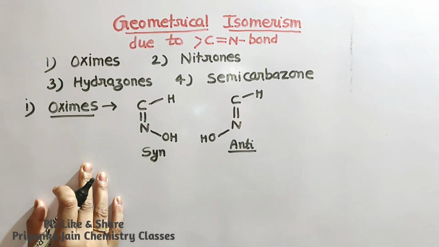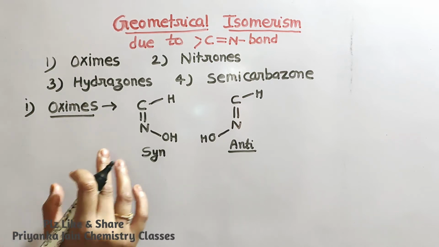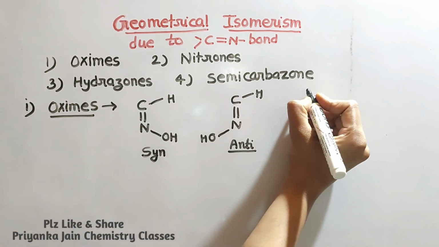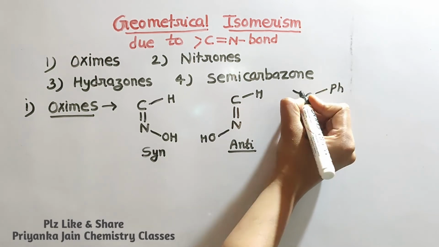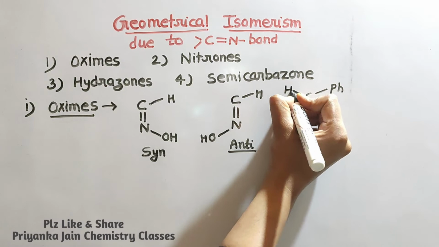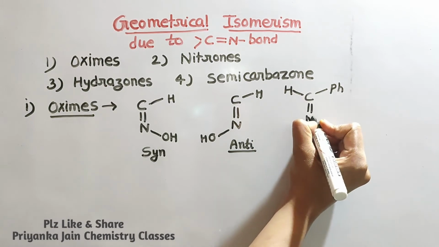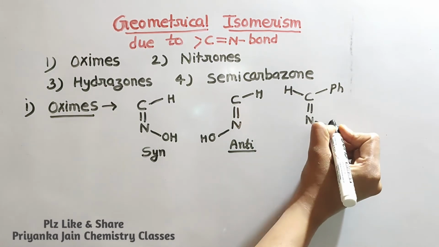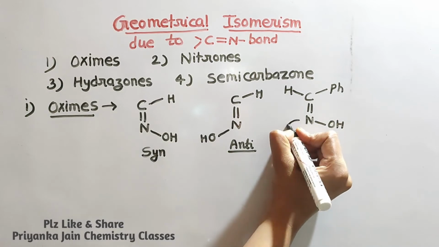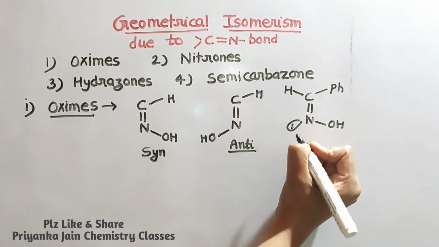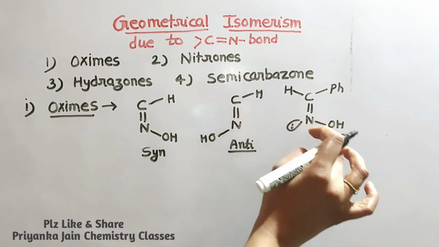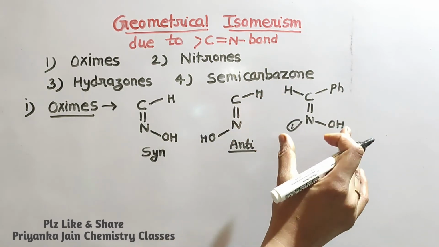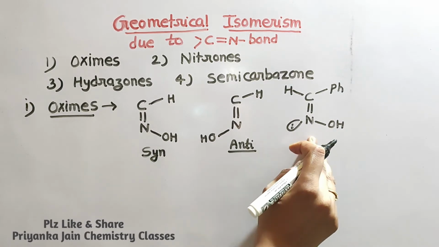So now we will see the examples. Firstly, the example for the oximes. Suppose we are taking an oxime. See here, in this case the hydrogen and OH groups are present on the opposite side. So this is the anti isomer.